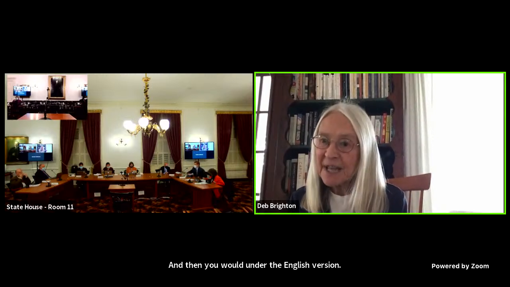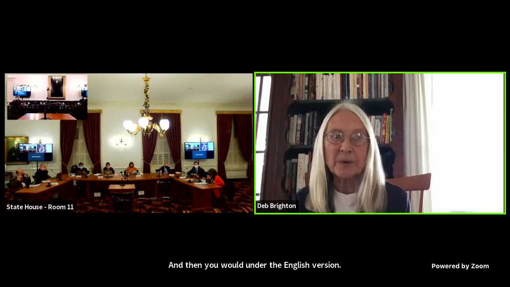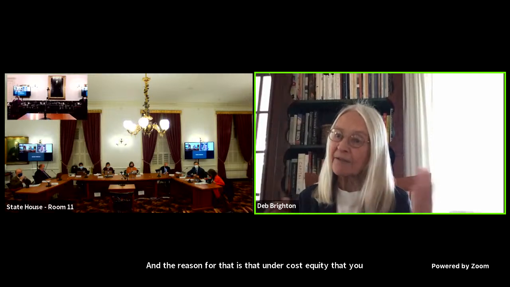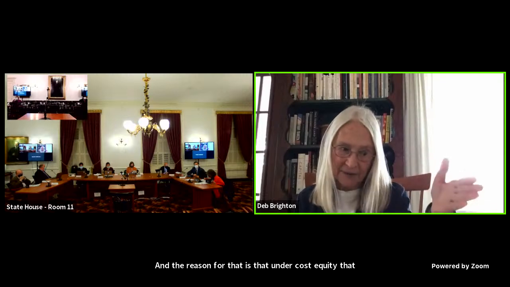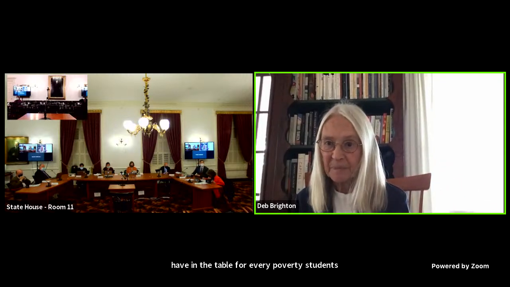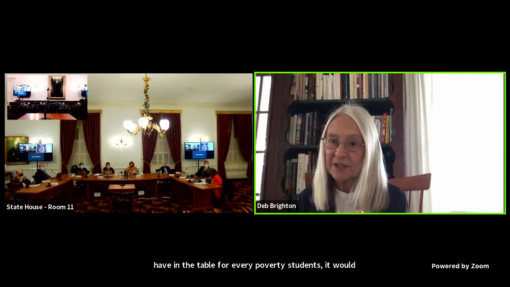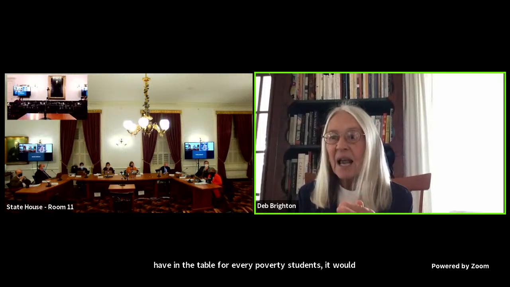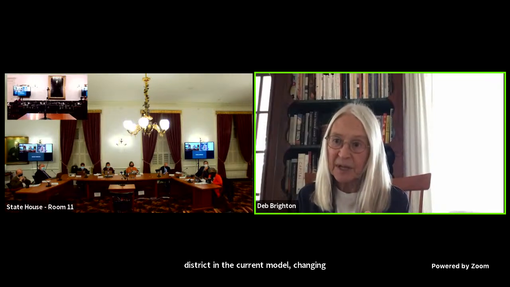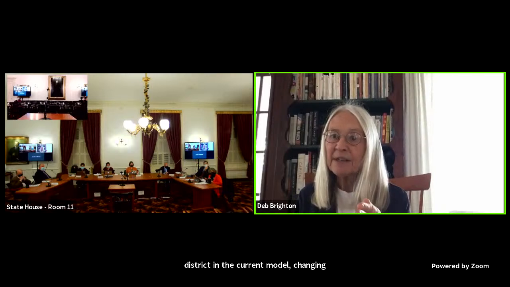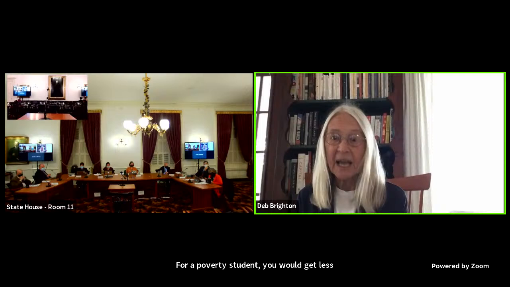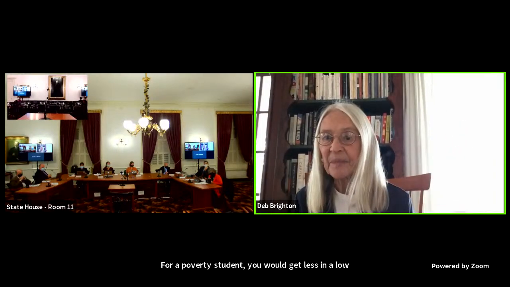The reason is that under cost equity, you would get this average amount, the amount that we have in the table for every poverty student. It would be the same in a high spending district and a low spending district. In the current model, by changing to equalized pupils, for a poverty student, you would get less in a low spending district and more in a high spending district.